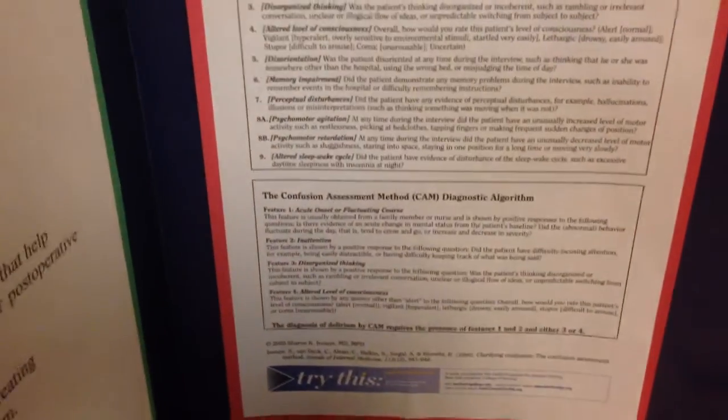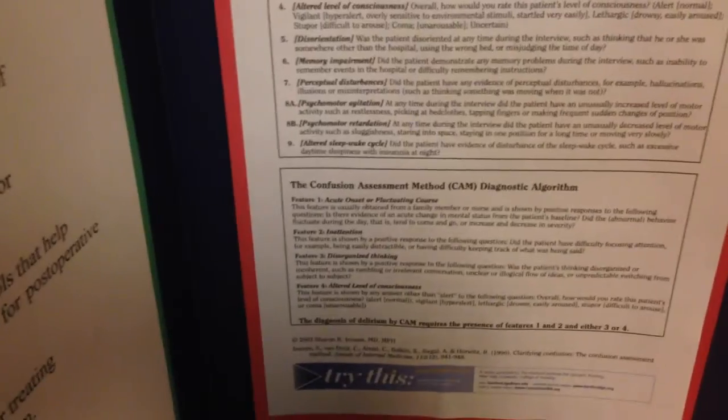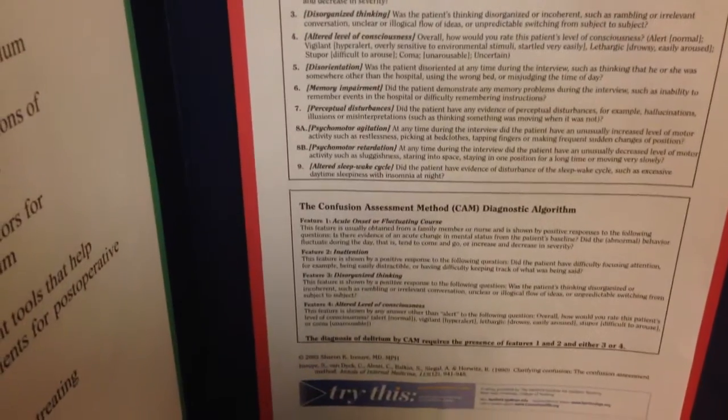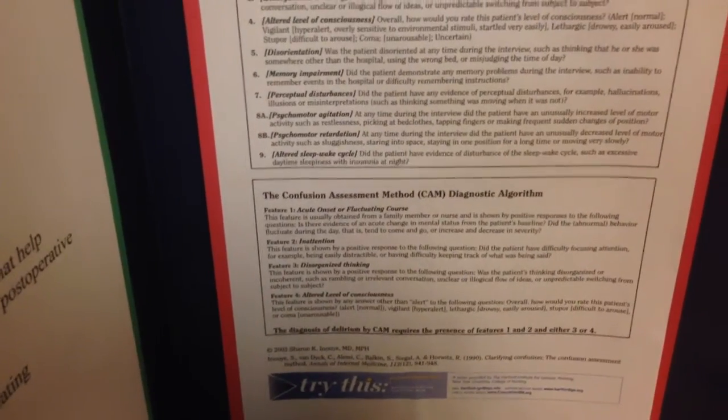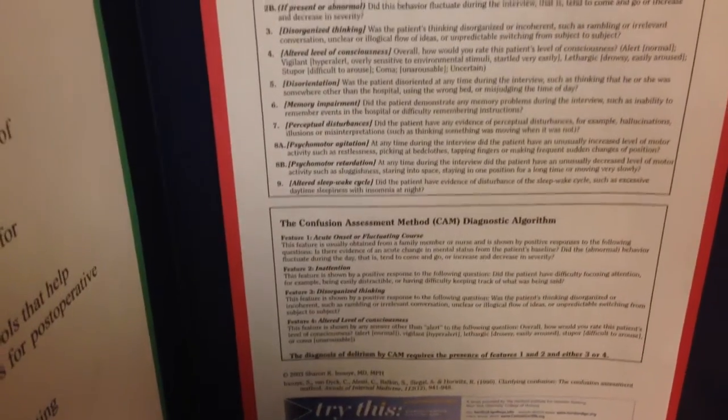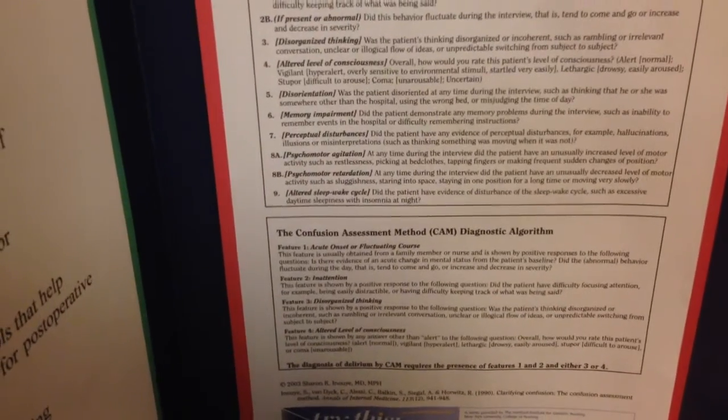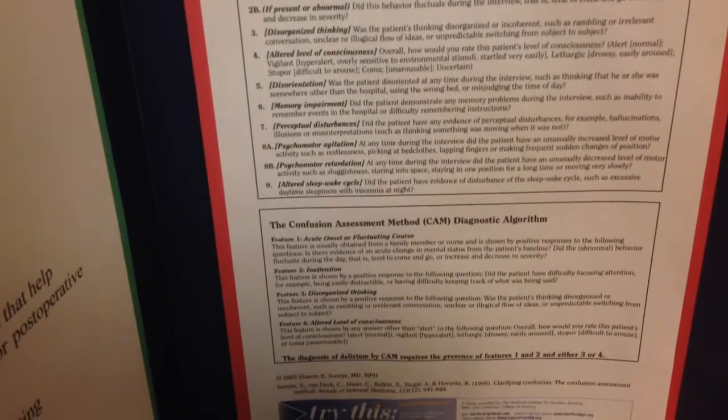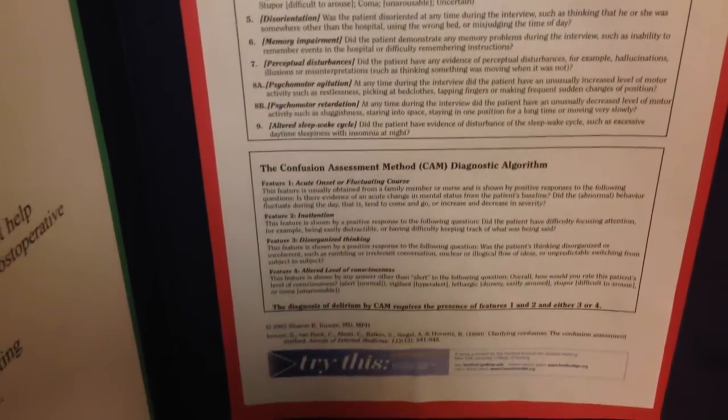And this right here is the confusion assessment method, the instrument that they use. And basically they look at the person's ability to reason and think, and they will rate it along these guidelines, and they will also compare it to the features which are down at the bottom.